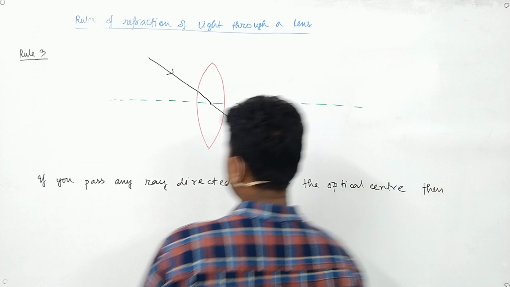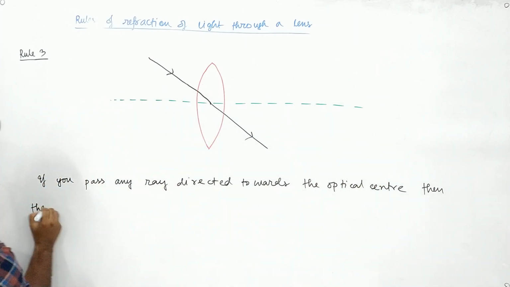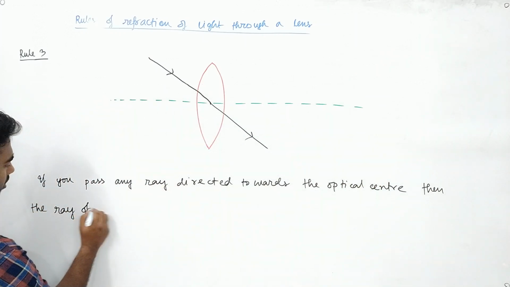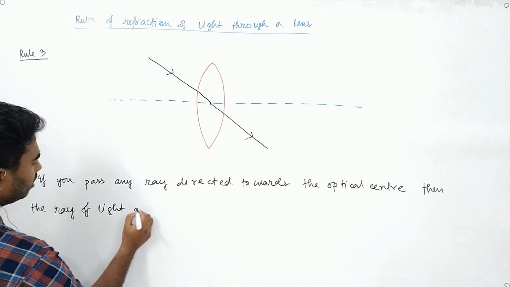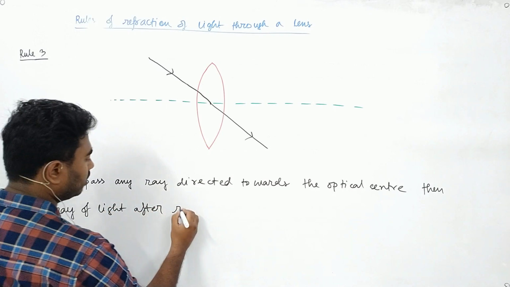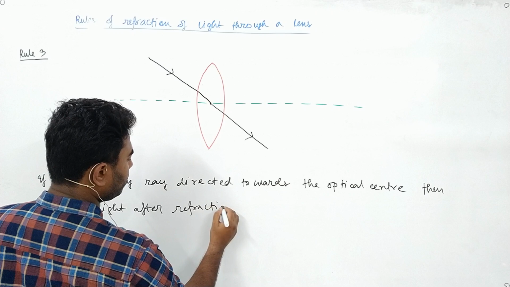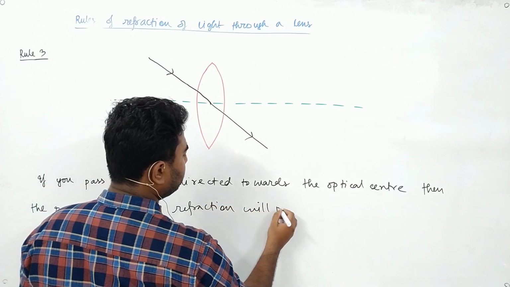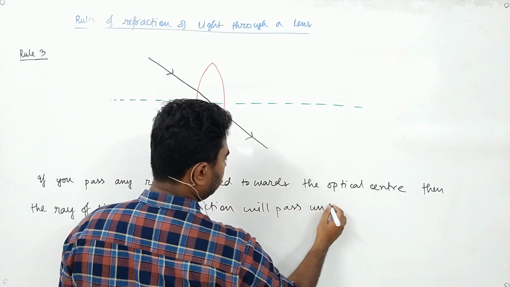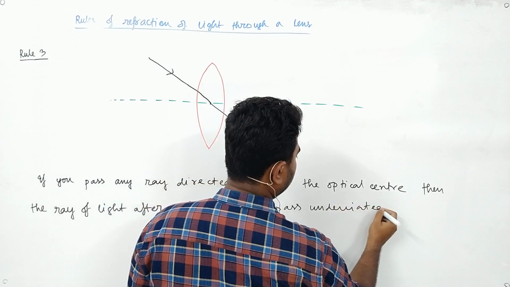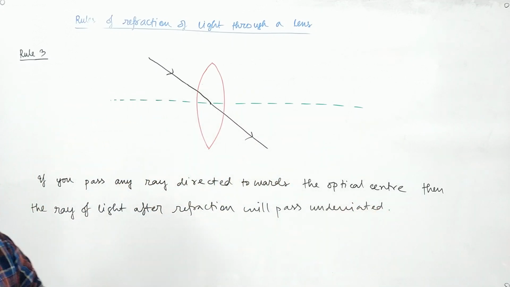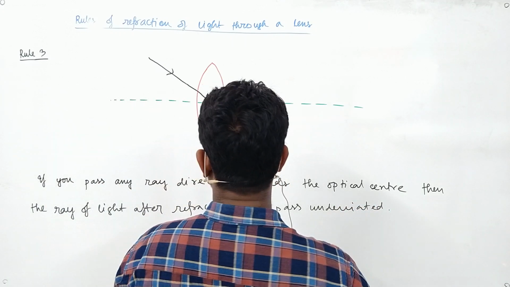then the ray of light after refraction will pass undeviated. And this same thing applies to the concave lens also.